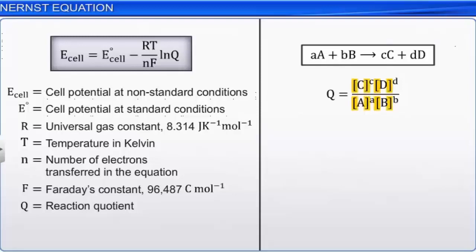Remember that concentrations of pure solids and liquids are taken as unity. By converting the natural logarithm into base 10 log and substituting the values of R, F, and T equal to 298, the equation can be reduced as shown here.